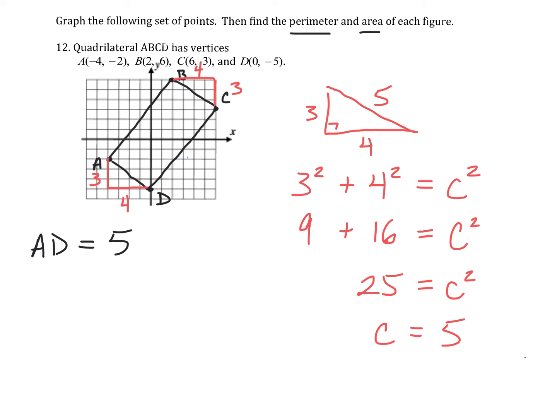Now, what's going to happen when I sketch out this right triangle is it's pretty much going to have the same setup as the first one that I just worked through. So my work is actually going to be the same in this case, and I'm going to find that not only is AD 5, but BC is also 5.